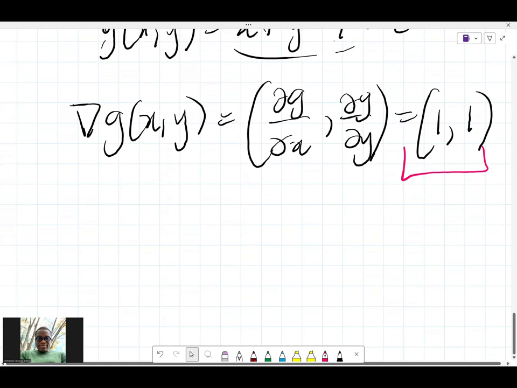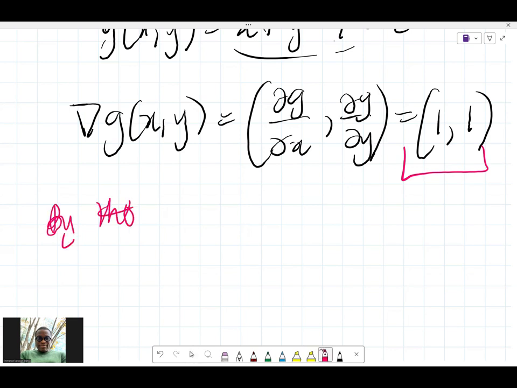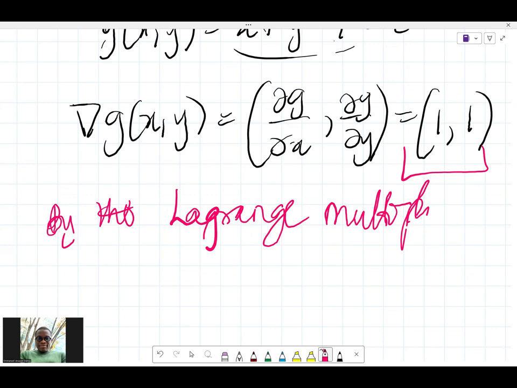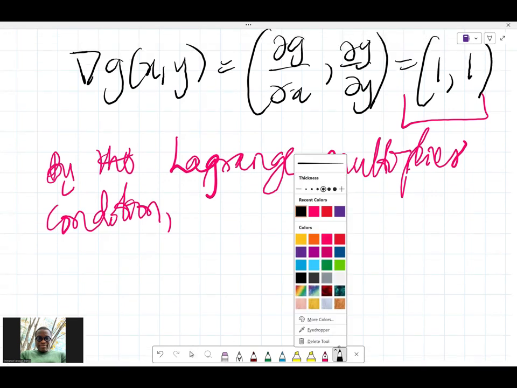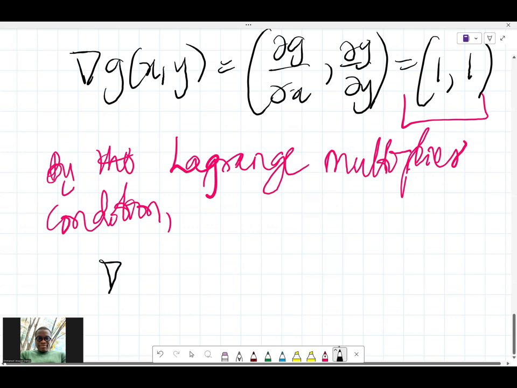By the Lagrange multiplier condition, we know that grad f is equal to lambda grad g.